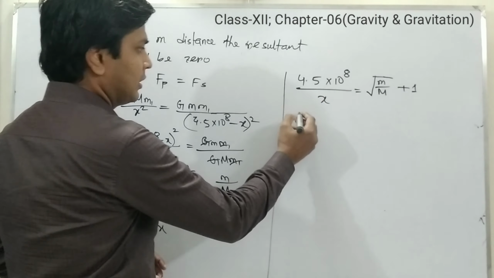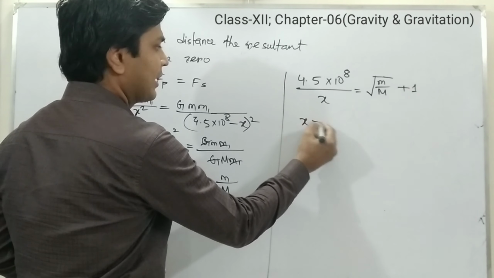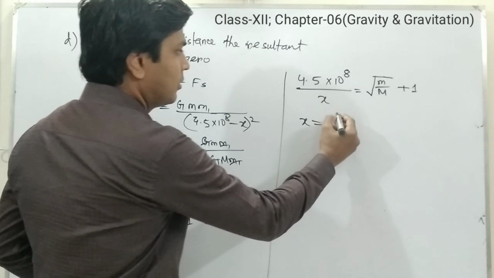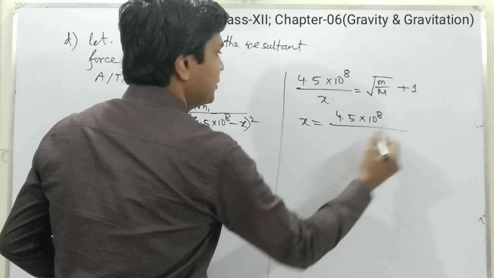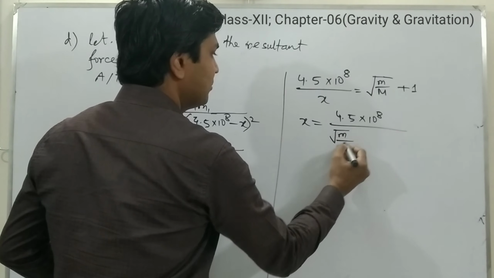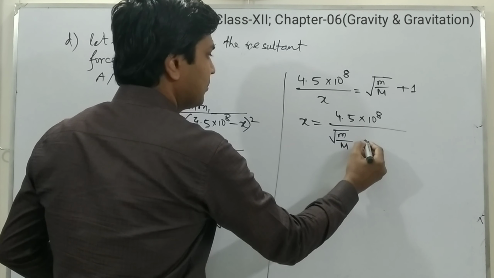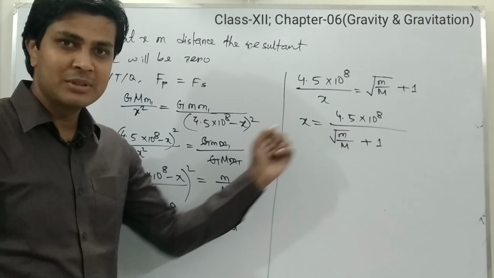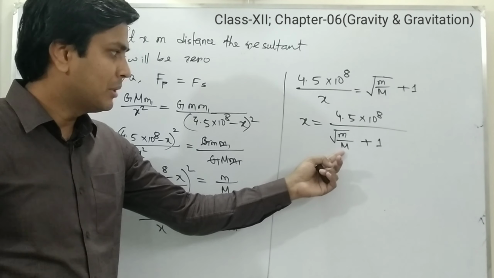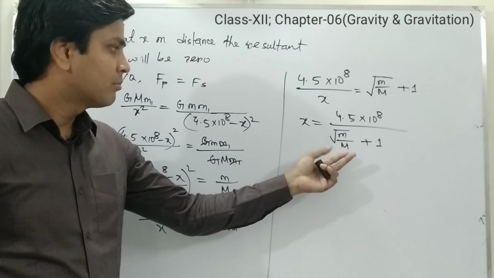And if you want to calculate the value of x, then we can write x equal to 4.5 into 10 to the power 8 divided by root over small m by capital M plus 1. Here small m is the mass of the satellite and capital M is the mass of the planet.